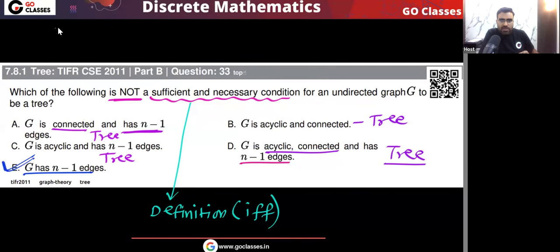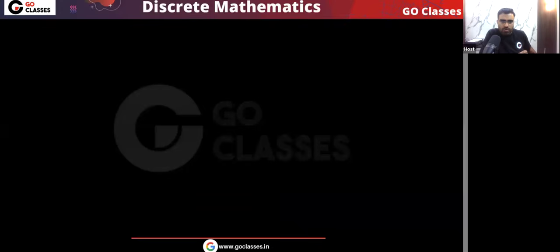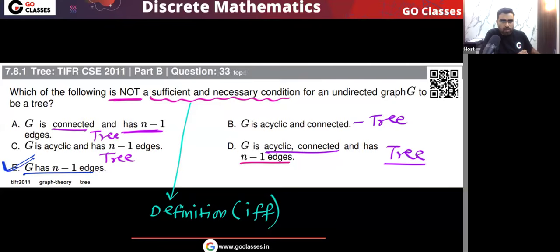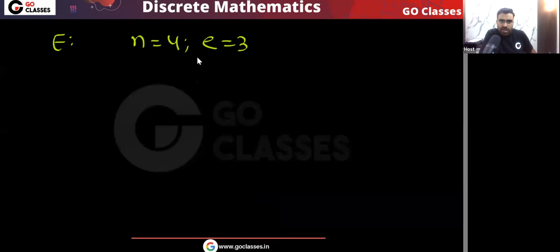Okay. For example, I can create a counter example. For option E, I can create a counter example. Consider this graph where I have 4 vertices and I will give you 3 edges. Because option E is saying that G has n minus 1 edges. So you can see I am giving you n minus 1 edges.